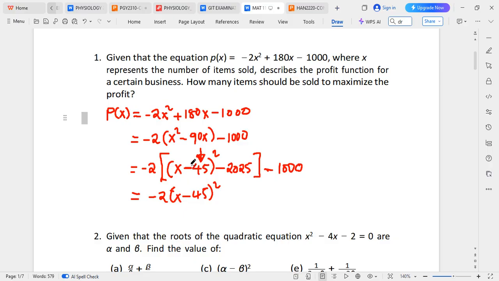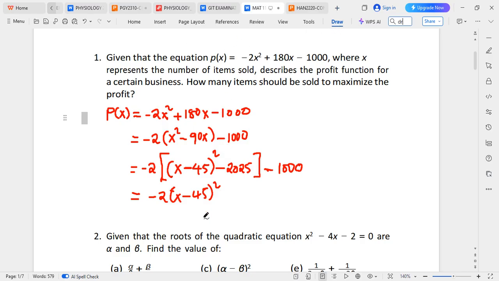Pardon? So the 1000 is still unaffected. The 1000 is still here. The aim is that if I get x minus 45 squared minus 2025 and expand it, it should give me back this thing here. Okay.